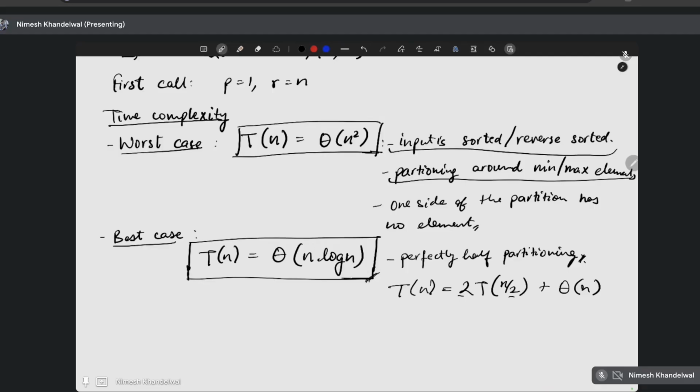We can intuitively also see that if the partitioning is always half, then we will end up performing O of n operations on all the partitions, and the number of levels of partitions will be approximately log of n, because we will be equally partitioning the tree, which ends up with height log n, giving O of n log n.